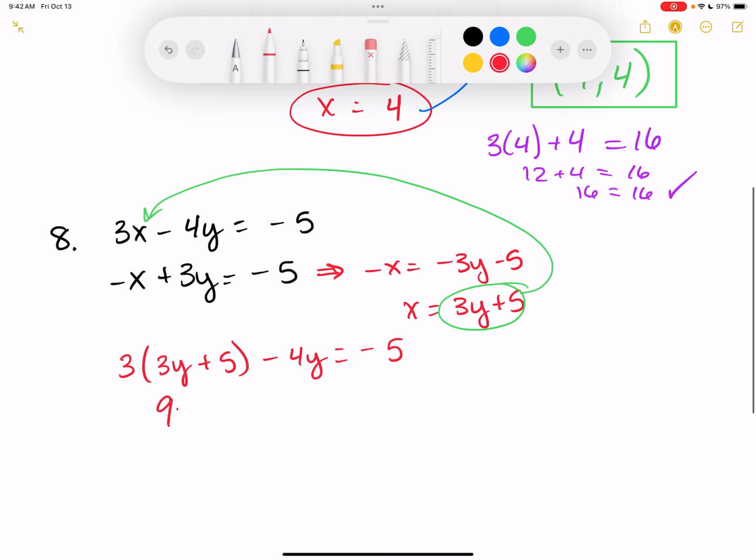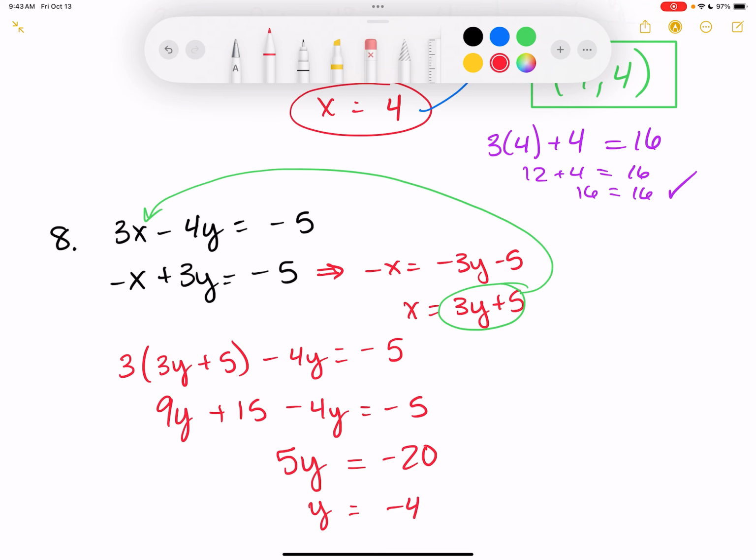So 9y plus 15 minus 4y equals negative 5. So 5y equals negative 20. So y equals negative 4.